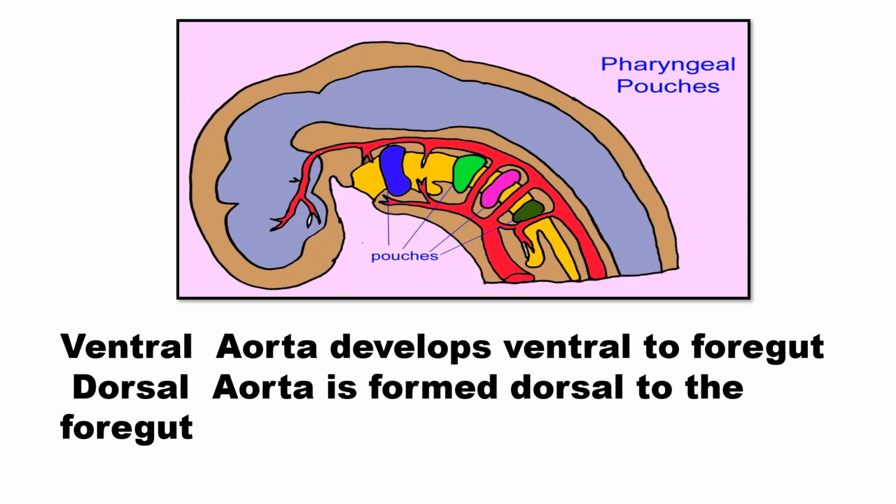Coming to the important features, the ventral aorta or aortic sac is ventral to the foregut and the dorsal aorta is dorsal to the foregut.